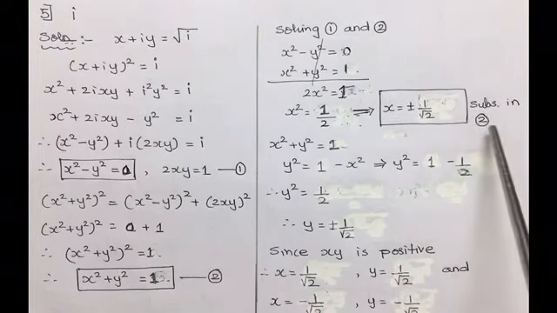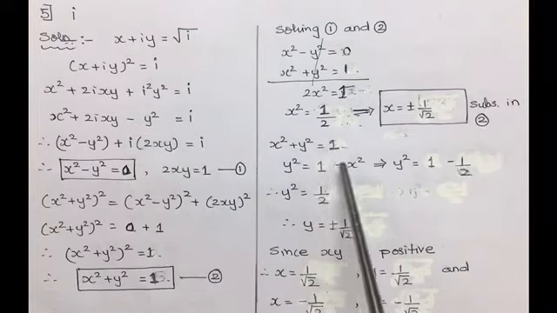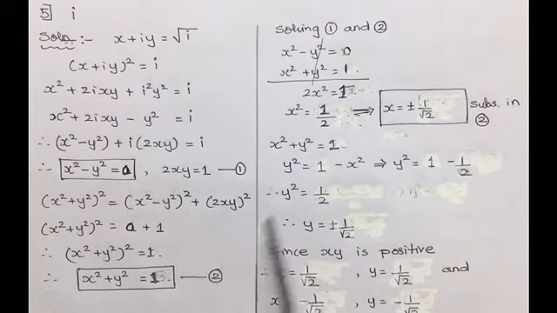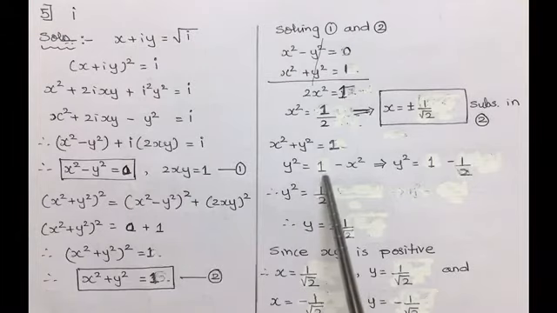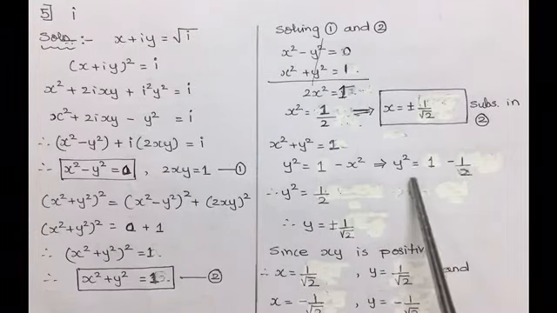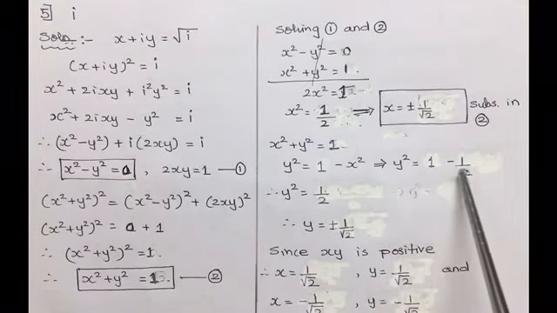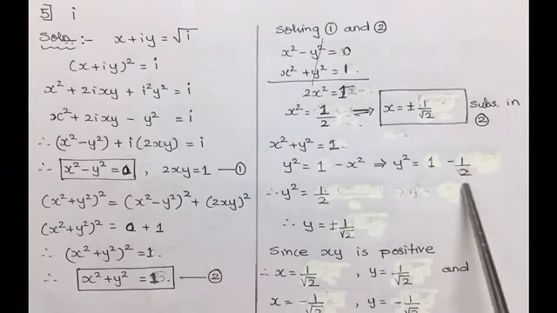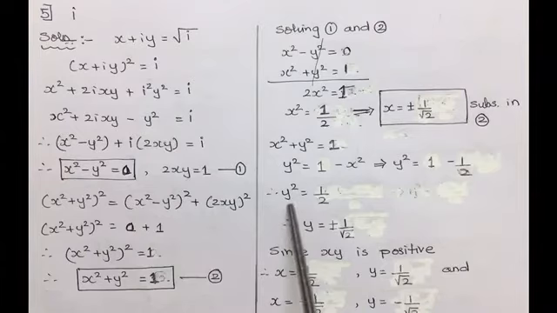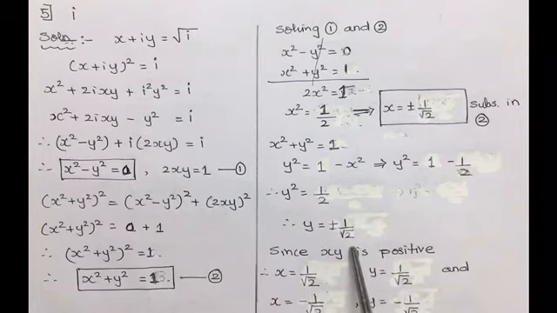Now substituting x square in equation number 2, we'll get y square is equal to 1 minus x square. Y square will be equal to 1 minus 1 by 2. Taking the LCM, the value of y square will be 1 by 2. Y will be equal to plus or minus 1 by root 2.